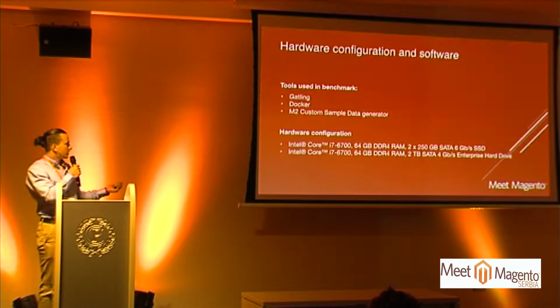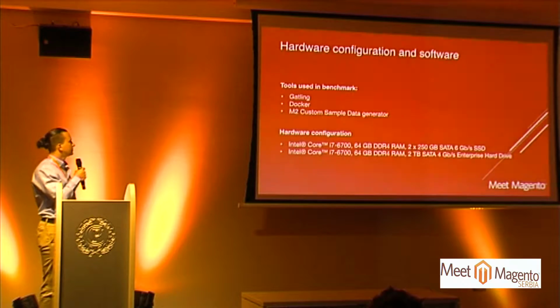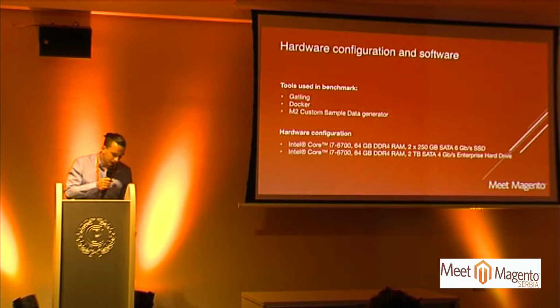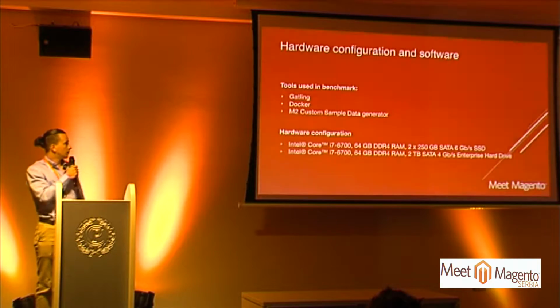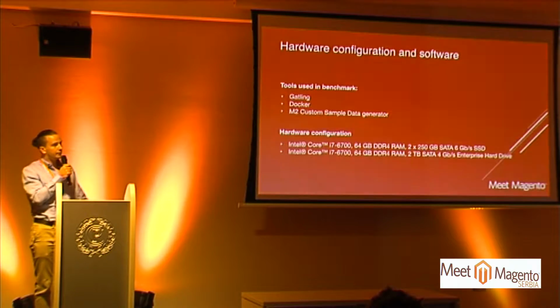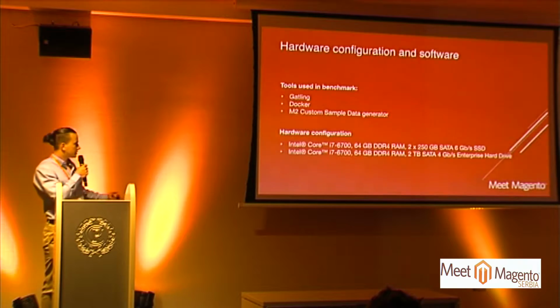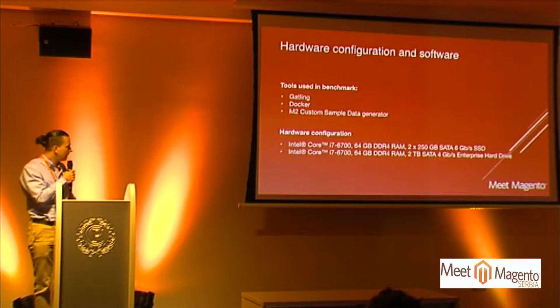Docker, it's a container management tool that allows to have different software environments and easily switch between them. And finally, our own custom Magento sample data generator that allows to generate a big amount of different entities such as customers, orders, products, etc.